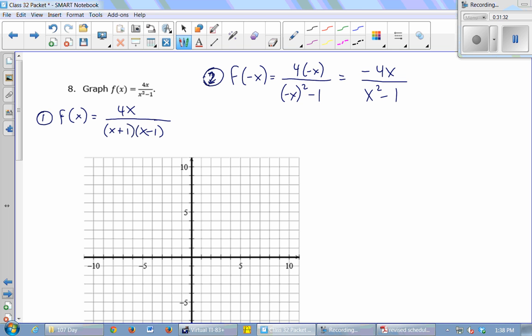Because when you have a fraction, you can put a negative sign in the numerator and the denominator or out front. So I could write this as negative 4x over x squared minus 1, which is the negative of my original function. So when I plugged in a negative x, I got exactly negative f of x. That means I have origin symmetry.